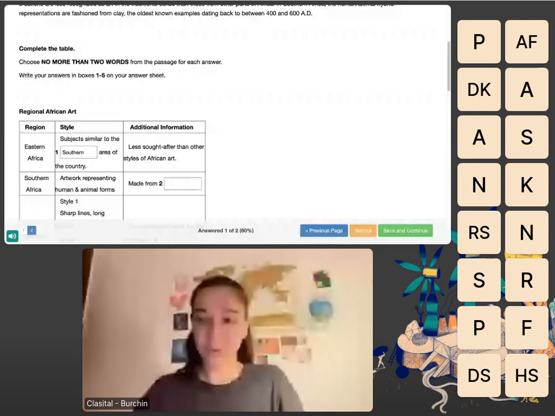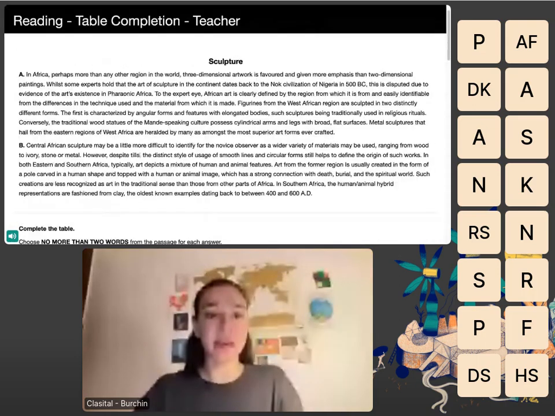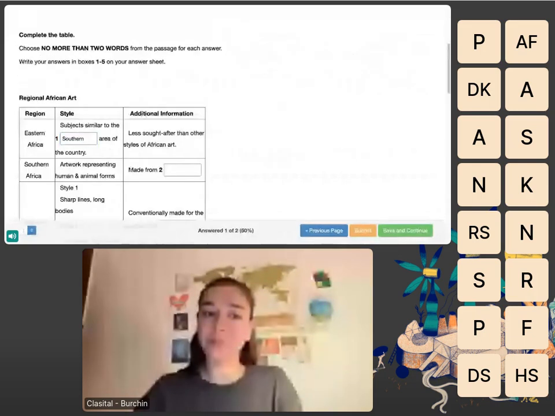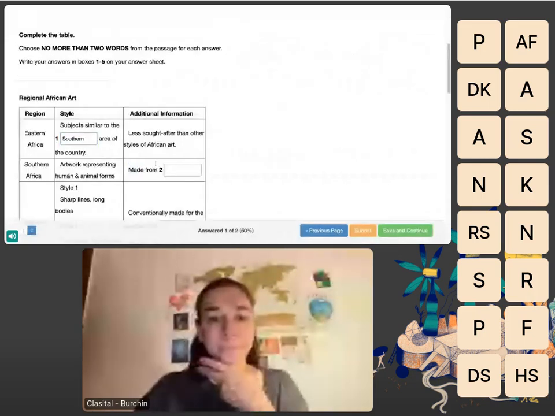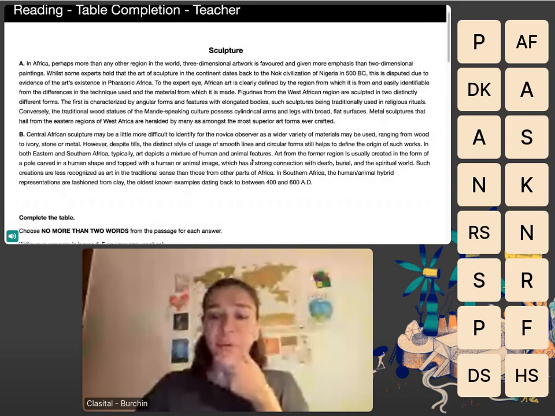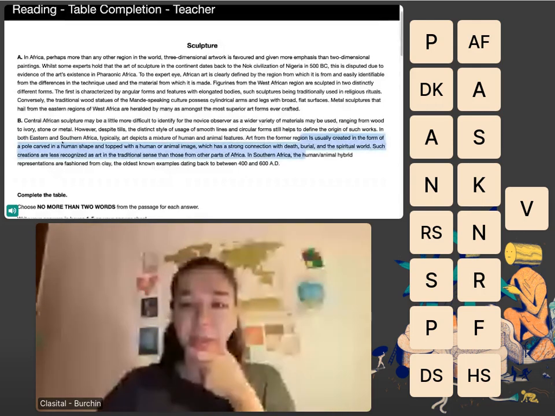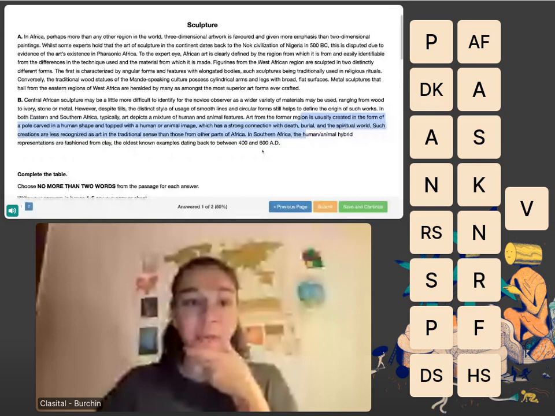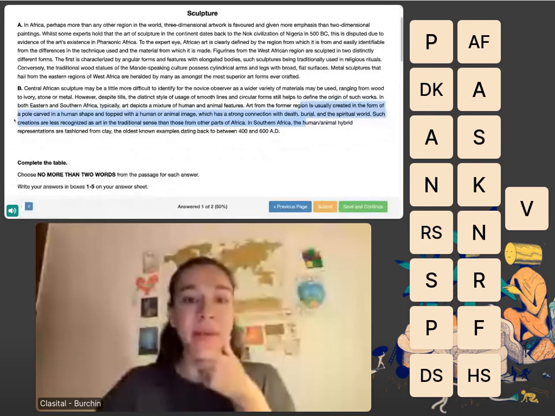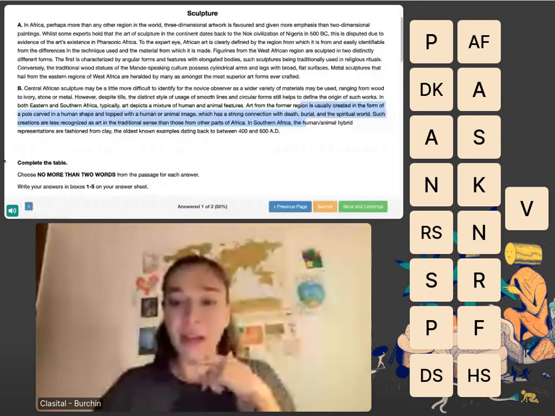Okay, this is question 2. Southern Africa artwork presented, what is it? Presenting human and animal forms, and they are made from, let's see. Art form from the southern region is created in the form of a pole carved in a human shape and topped with a human or animal image, which has a strong connection with death, burial, and spiritual world.